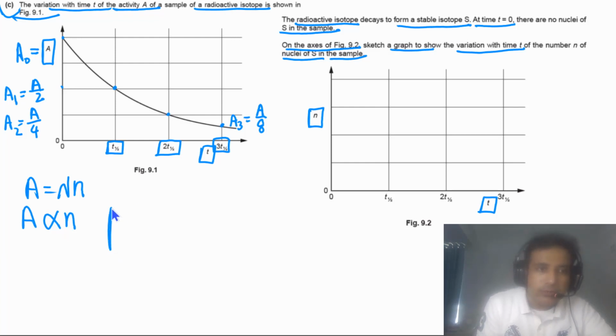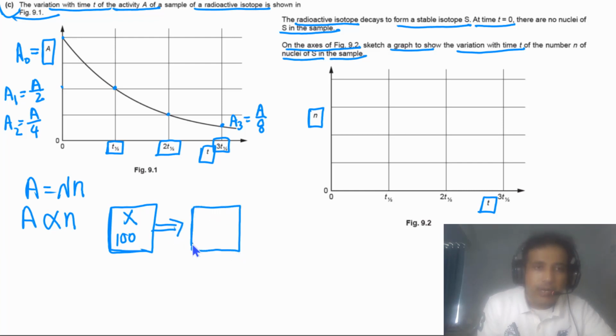Now let's try to understand how parent nuclei and daughter nuclei are linked with each other. Imagine that we have X isotope. It has 100 nuclei. After one half-life, T 1 by 2, they become half.